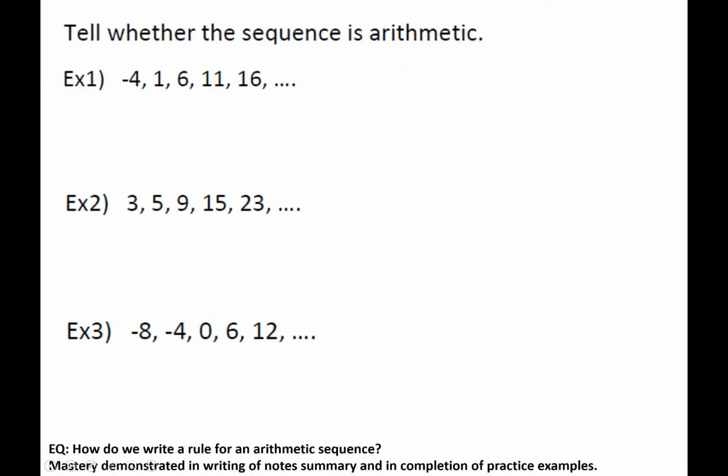Tell whether the sequence is arithmetic. As I go through this, we figure out how we get from one term to the next, specifically looking for adding or subtracting. If you can't see it right away on the first one, you can always skip and go to the next and then come back. But this would be add 5, add 5, add 5, add 5.